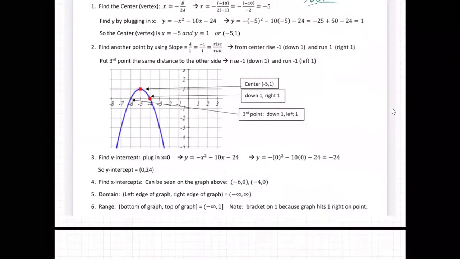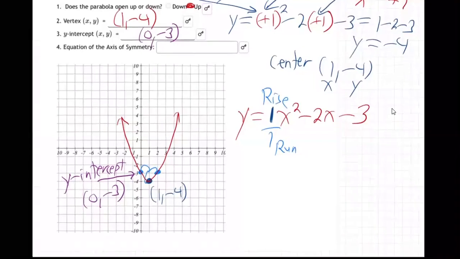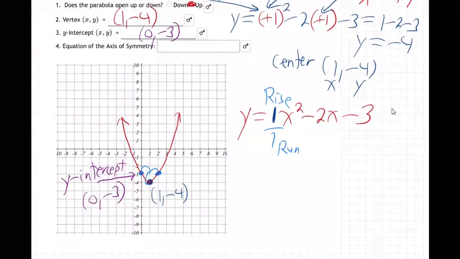And then the last thing they want in this problem is the equation of the axis of symmetry. The axis of symmetry is this line right here. It goes right down the center.